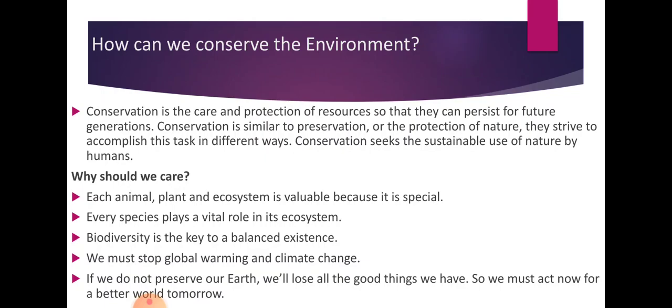Because we need to run vehicles, we need energy to run several electrical appliances, we need to feed the people. So for that we need resources. But resources should not be wasted, and they should be preserved for the future generation. That is sustainable development.